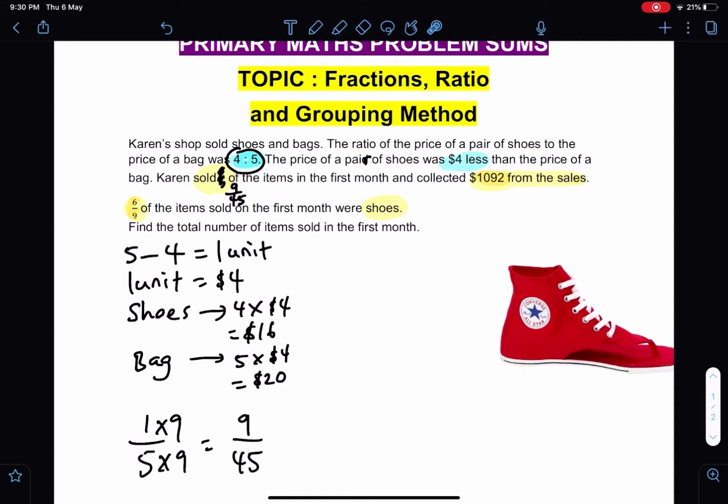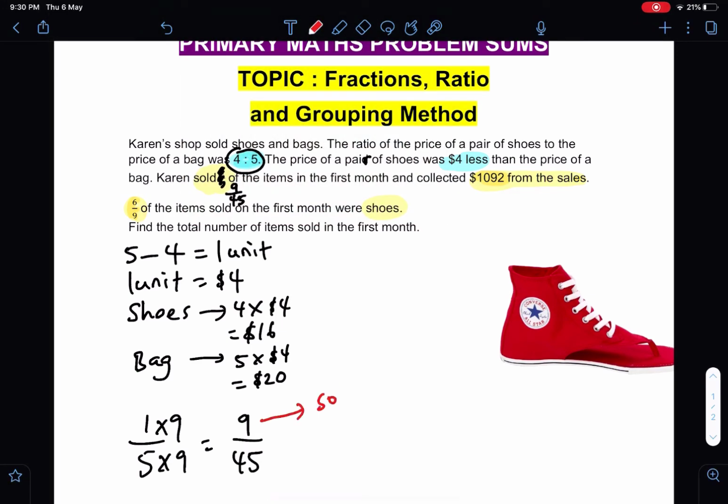Now the information matches each other. 6/9 of the items, so this tells us that 9 parts were sold. This also tells us that 9 parts were sold. So we needed to make this number and the earlier one the same, which we have done.